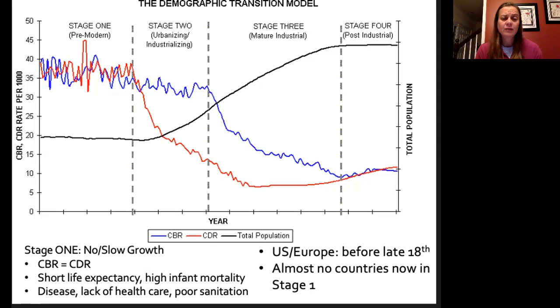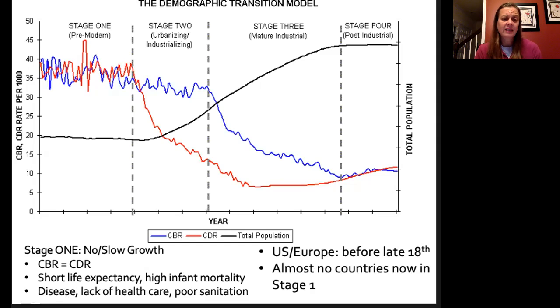So in stage 1, which is here on the graph, we can see, our red line is our crude death rate, our blue line is our crude birth rate. So we can see here in this early stage, this pre-modern stage, that crude birth rate and crude death rate are almost the same, which means that this is a fairly steady population size.